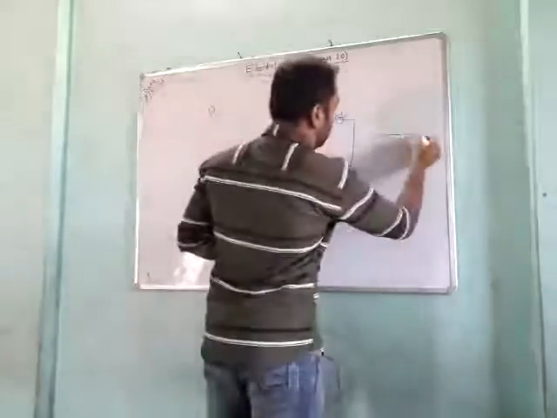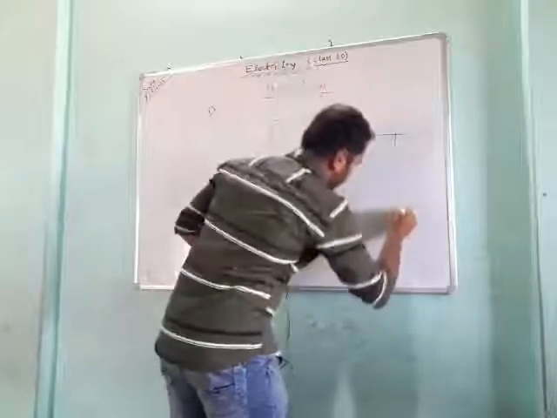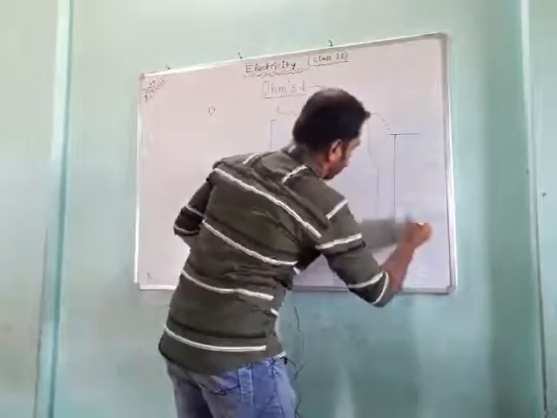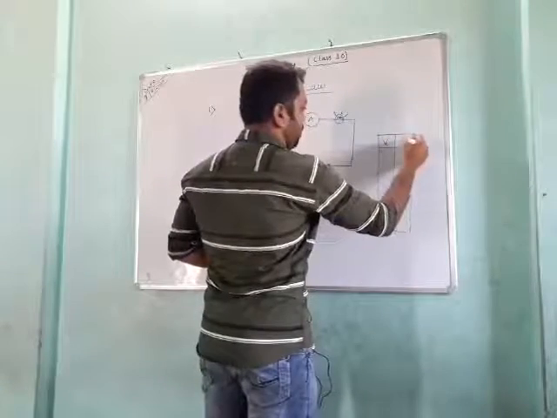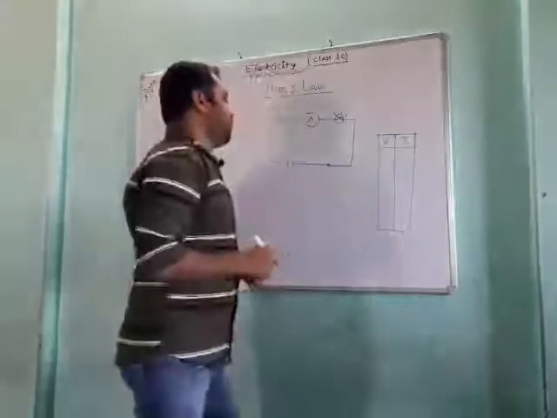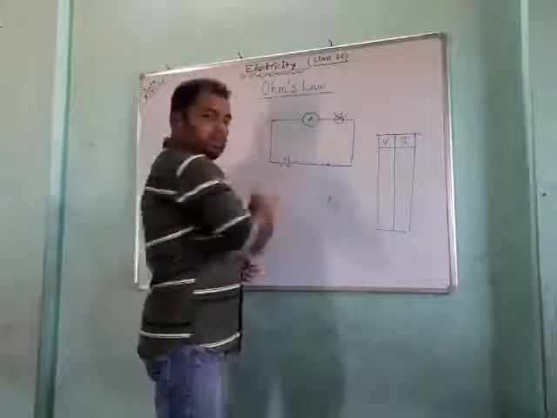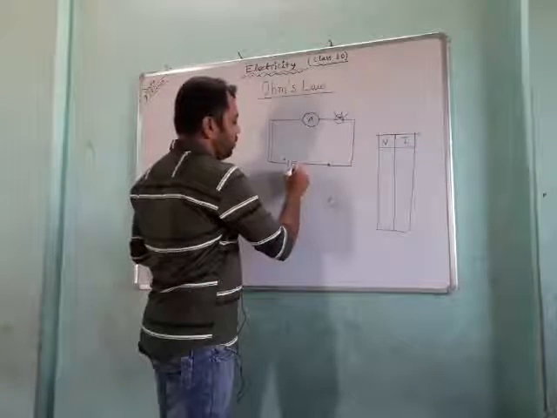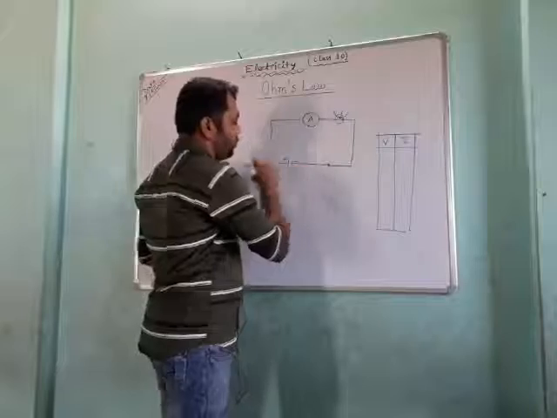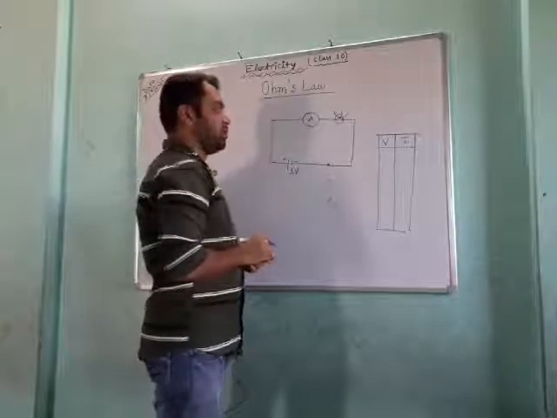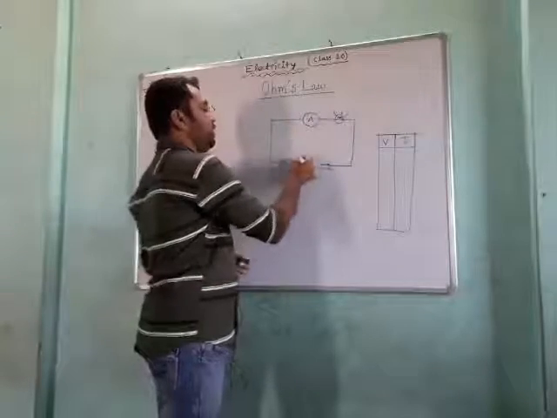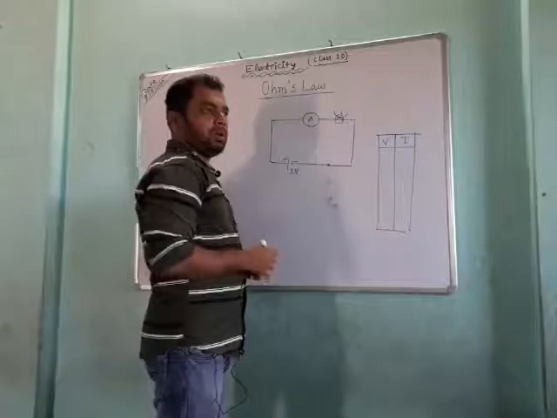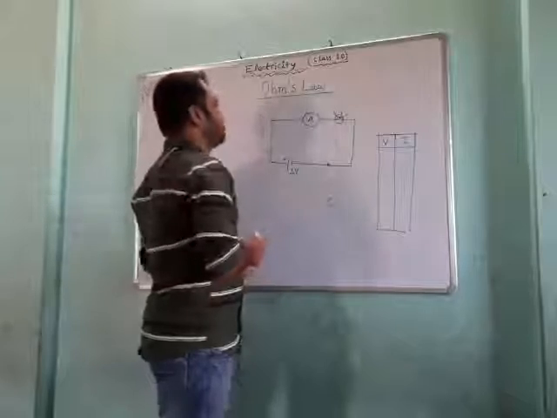So let us make a chart, V-I. If I apply 1 volt potential difference in this circuit, because this battery is a 1 volt battery.